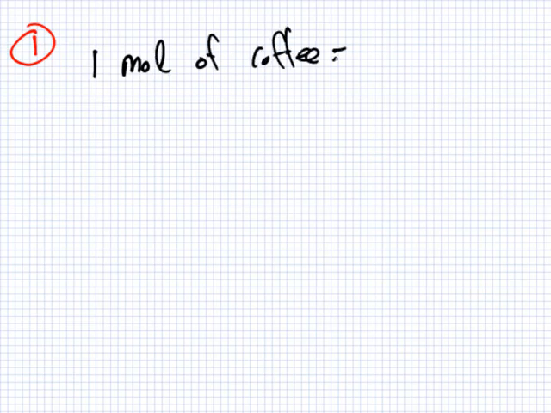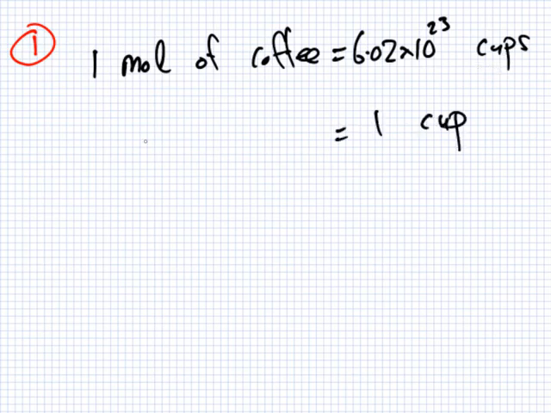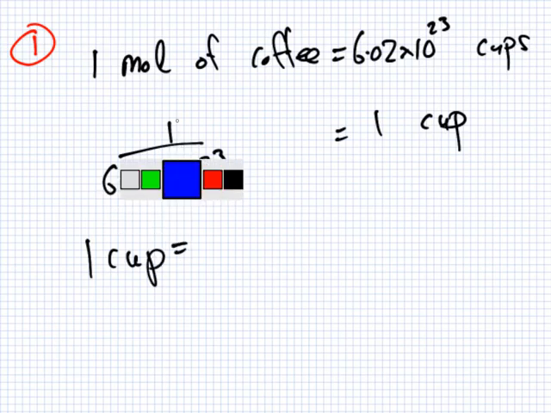No, not this way, because 1 mole of coffee equals 6.02 times 10 to the 23 cups of coffee. So that means 1 cup of coffee is 1 over 6.02 times 10 to the 23. How big is this number?